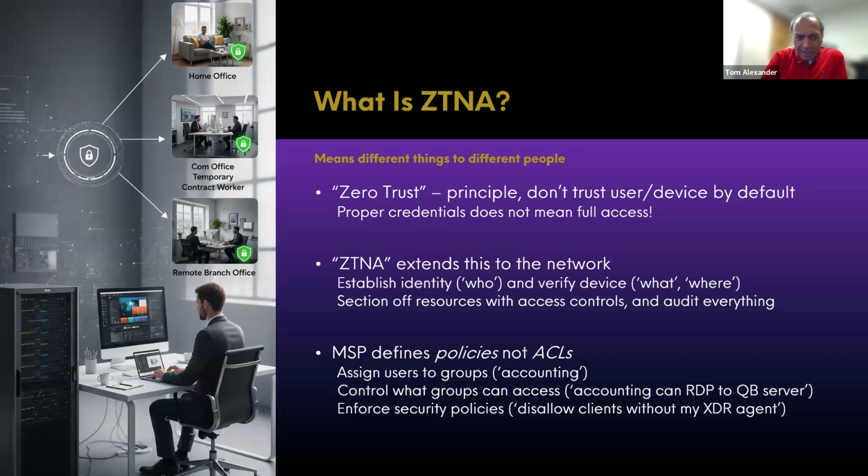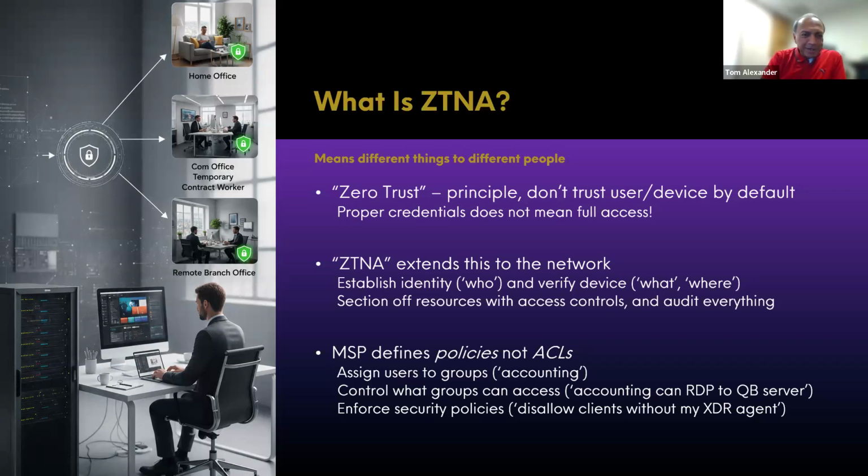Basically, it seeks not only to establish who you are, that's where your credentials come in, but also to verify your device. What exactly is it that you're using to log in, and where are you, and what are you trying to get to? And should you even be trying to get to that, and what time is it, and all that good stuff.